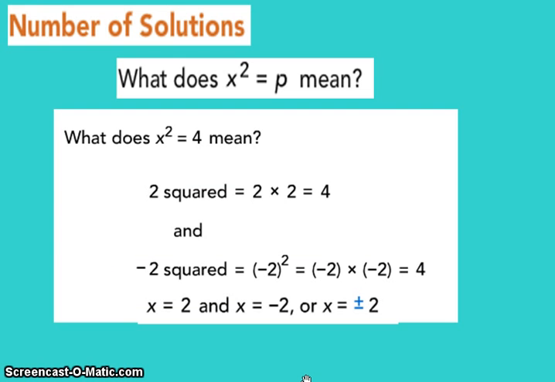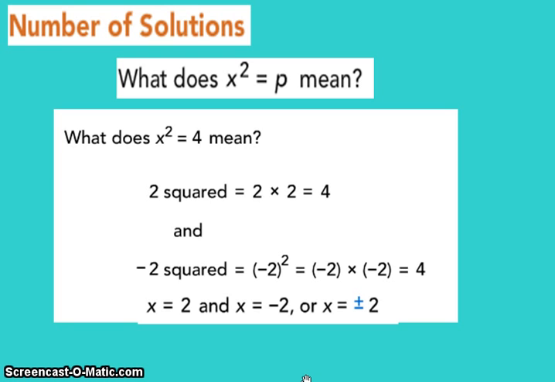Next we have the number of solutions. Typically when we see x equals something, we think that there's one solution, and only one solution. What does x squared equals p mean? If I put a value of 4 in for p, then we're asking what does x squared equals 4 mean?